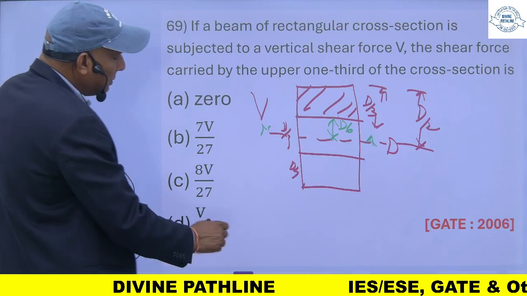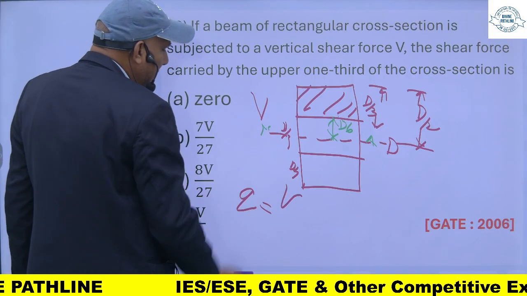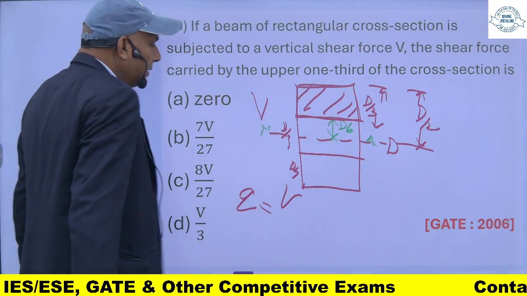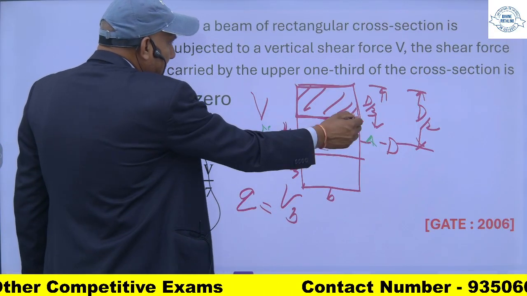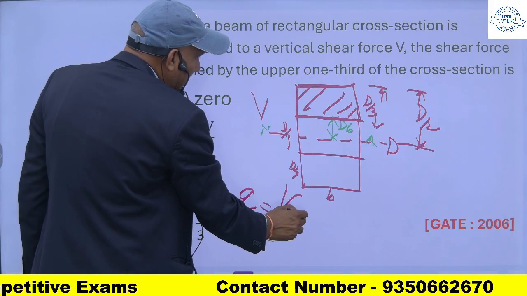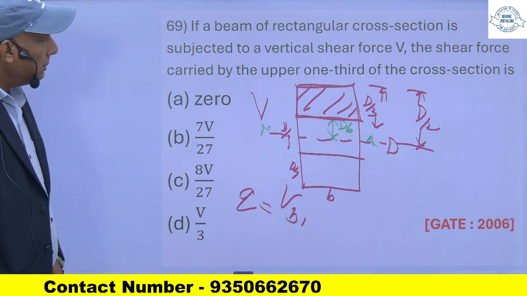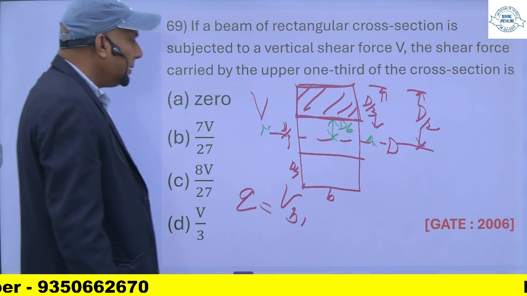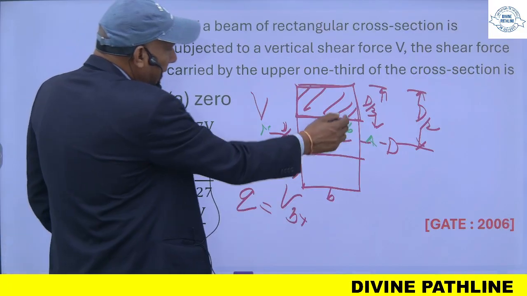So as we know, shear stress is equal to shear force, which is V, into area of this portion. The area of this portion will be this is B, into this distance D by 3.